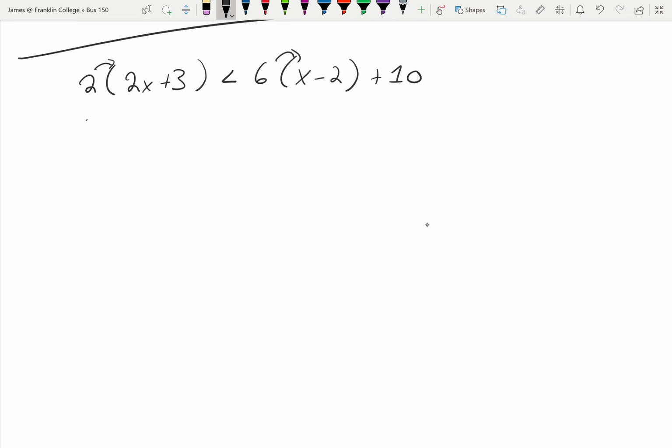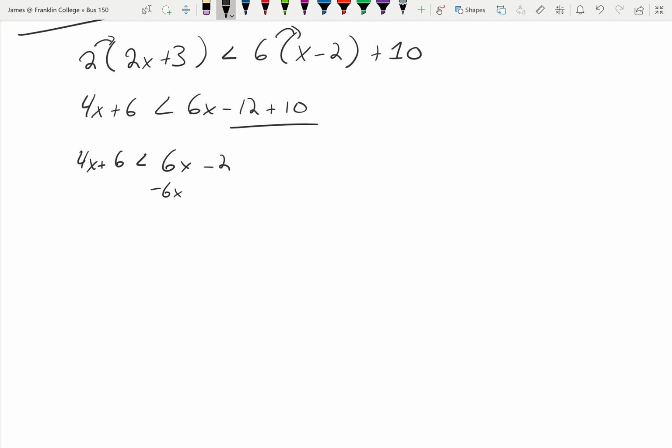So we're going to get 4x plus 6 is less than 6x minus 12 plus 10. We can combine like terms on that right-hand side of the inequality. So 4x plus 6 is less than 6x minus 2.